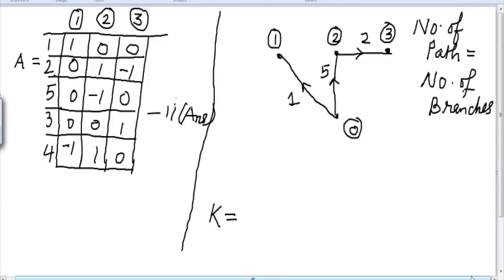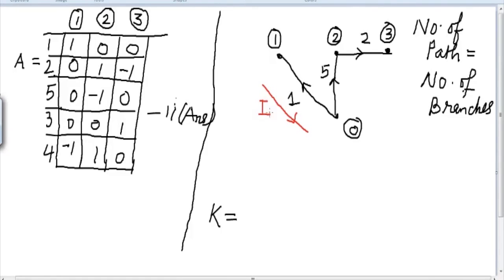So here you know the number of branches. Number of branches are 3, that is 1, 2 and 5. So one by one you have to go to those branches and draw the path that each branch makes with reference to the reference point. So let me draw the path one by one. The path which will be followed by this one will be in this way.